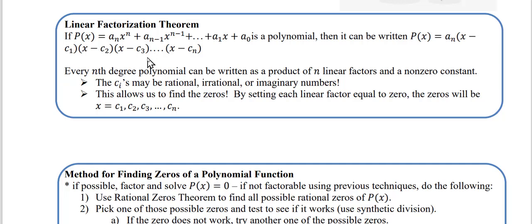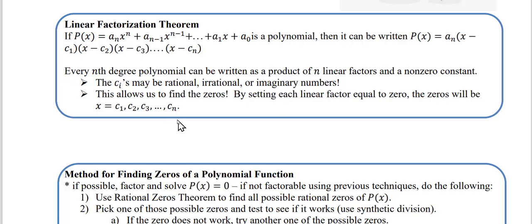form those take on. They may be rational numbers, like we saw in the possible rational zeros theorem, or the rational zeros theorem. They may be irrational numbers, which we don't get from that theorem, or they could be imaginary numbers.